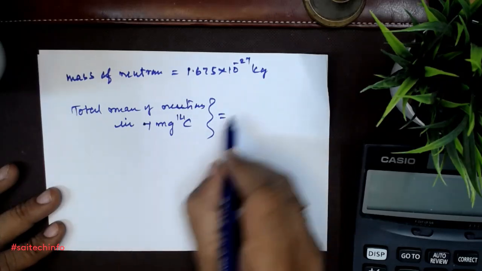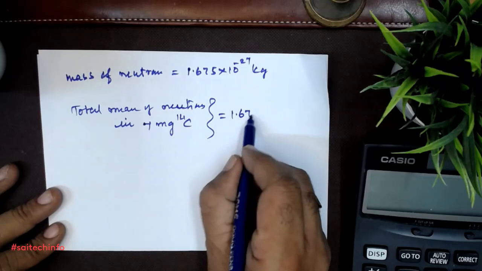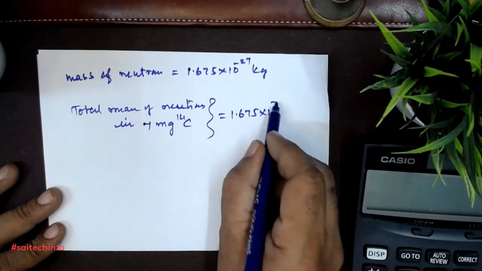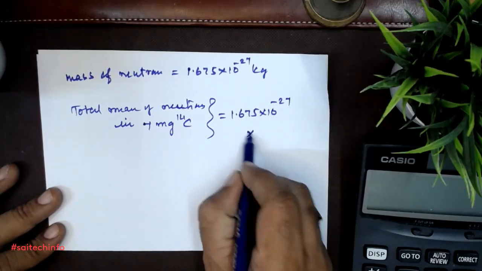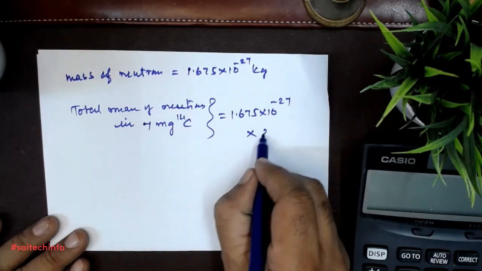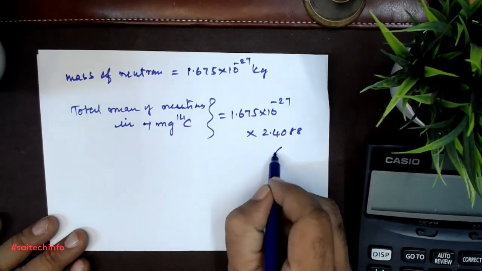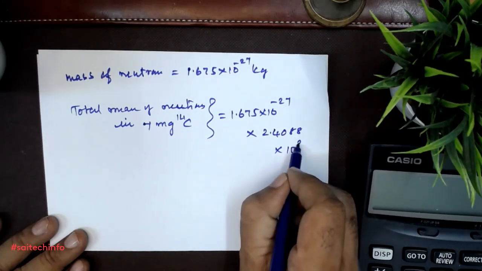It is equal to 1.675 into 10 power minus 27 kg into the number of neutrons, 2.4088 into 10 power 21.